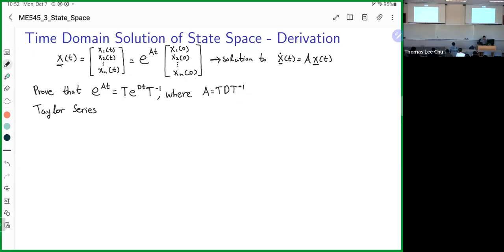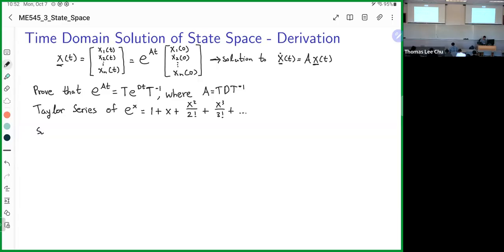The Taylor series of e to the x, for example, is going to be this: 1 plus x plus x squared over 2 factorial plus x cubed over 3 factorial, and this goes to infinity. So that's the Taylor series of e to the x. Then we can apply this to matrices as well.